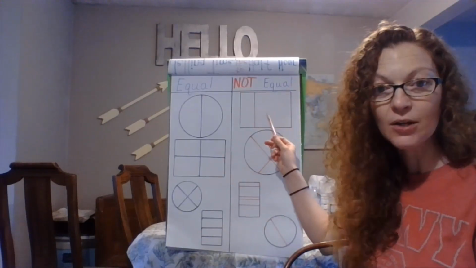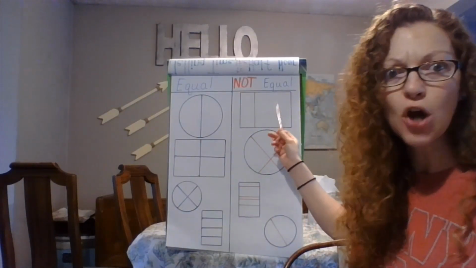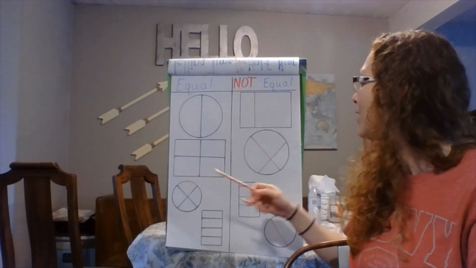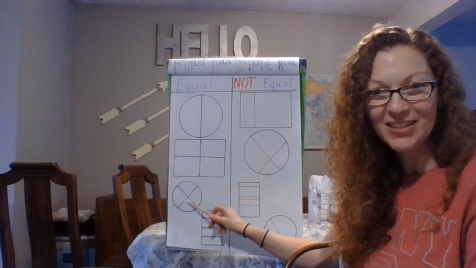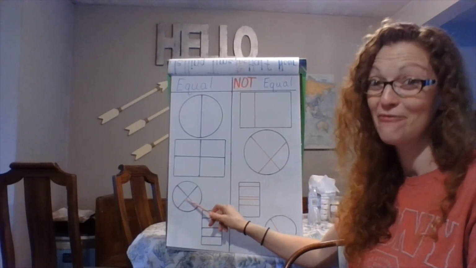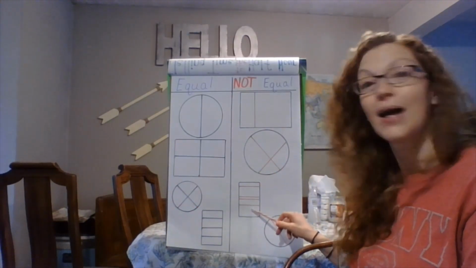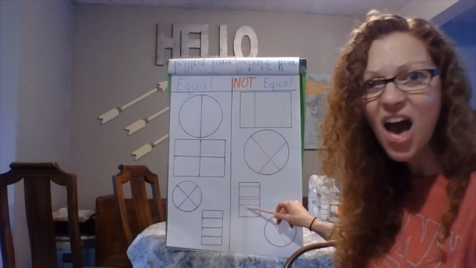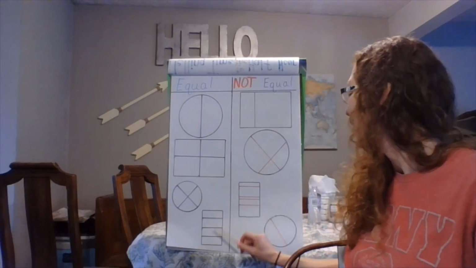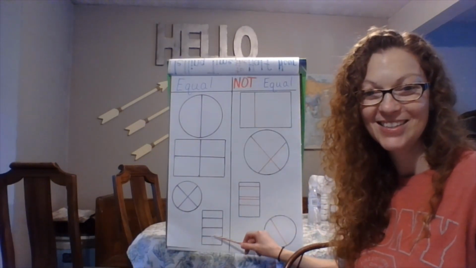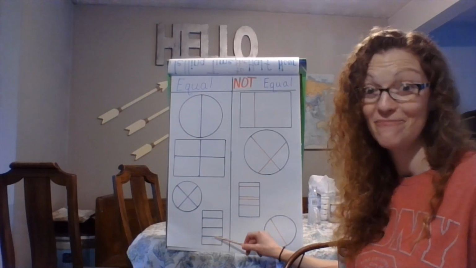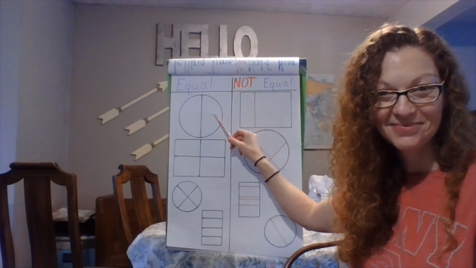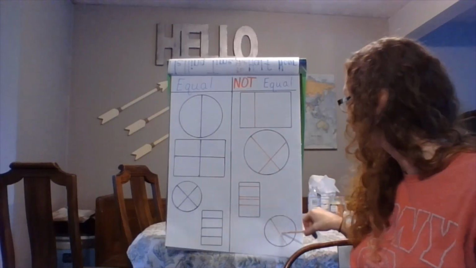So if I try to trick you, say none, there's no equal parts here because they're not equal. How many equal parts? 4, good. How many equal parts? I didn't get you that time. None. Good work. How many equal parts? 4. How many equal parts?